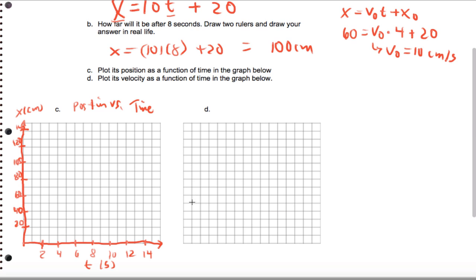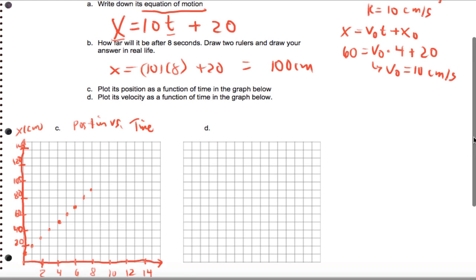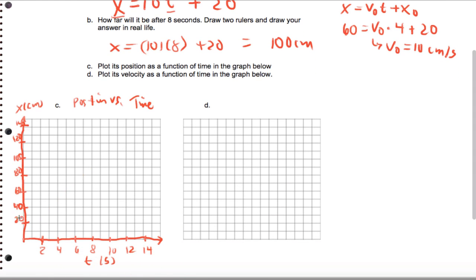Sorry to cramp it, but my pen tool doesn't work beyond that. So at 0 seconds, I'm at 10, and my position increases at 10 centimeters a second as I continue here. And let's make absolutely sure I have that right. Does it start at 10? No, it doesn't. It actually starts at 20 centimeters.